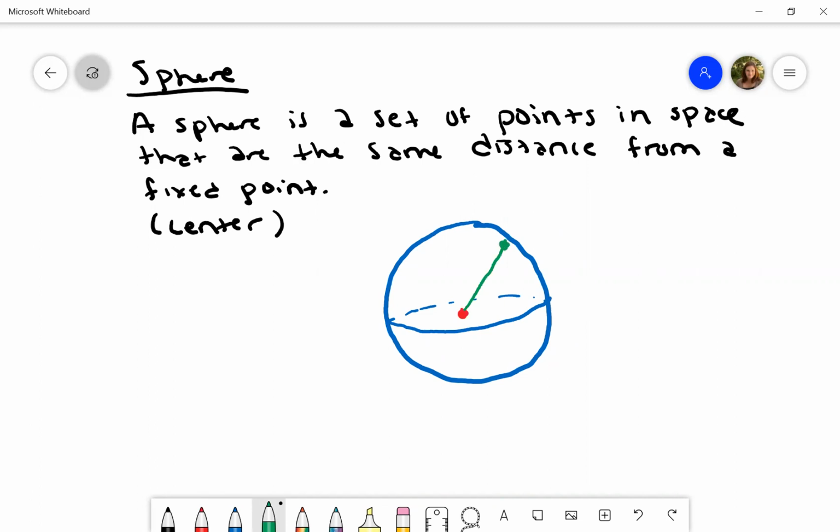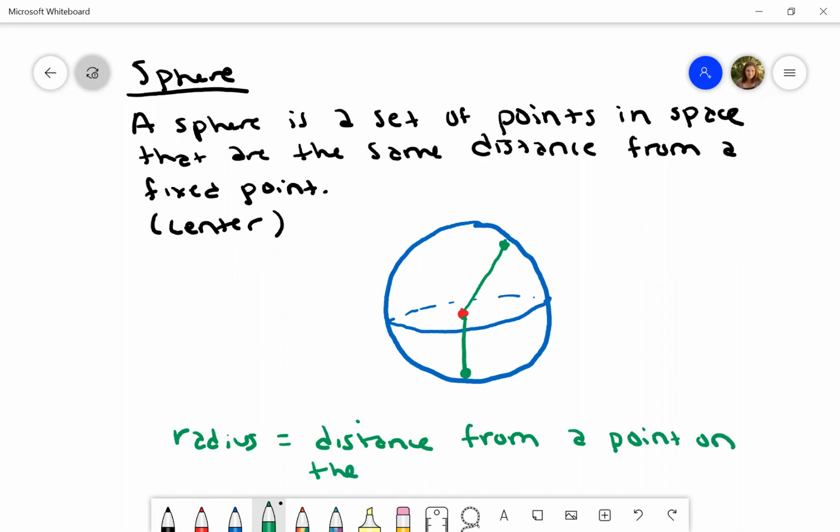Let's say it's that point right there. Or maybe it's some point over here. Those are all the same distance. And that distance, by the way, is called the radius. The radius is the distance from a point on the sphere to the center.